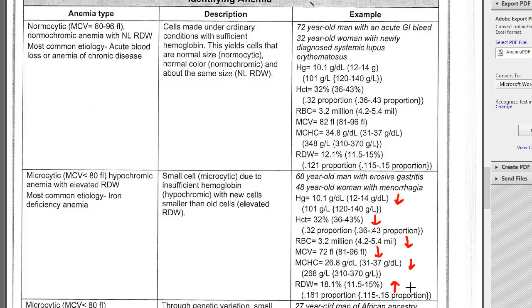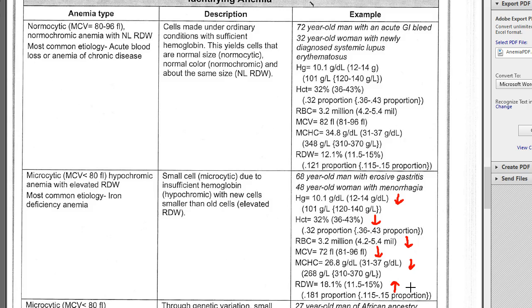So basically what's going on, iron loss is exceeding intake, so storage is depleted. The cupboards are bare at the store. So there's decreased iron available for RBC formation. This is usually slow in onset.